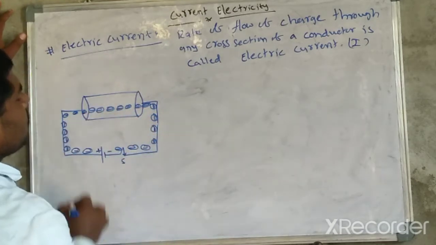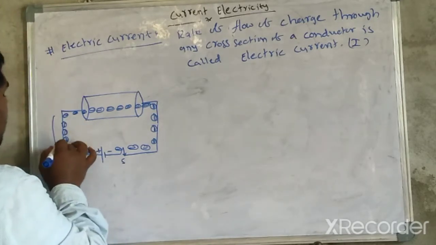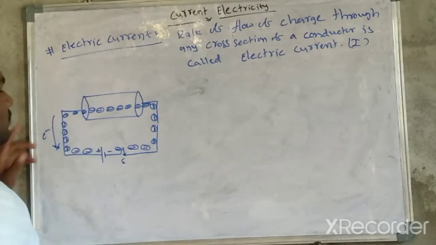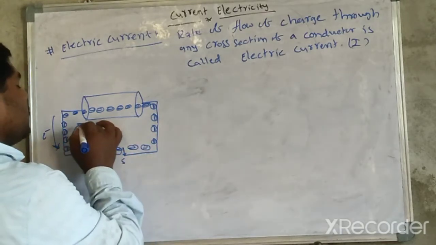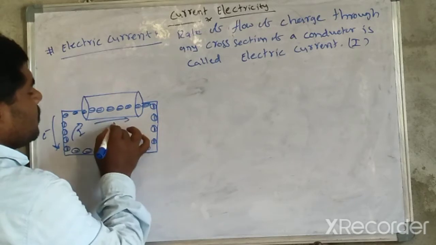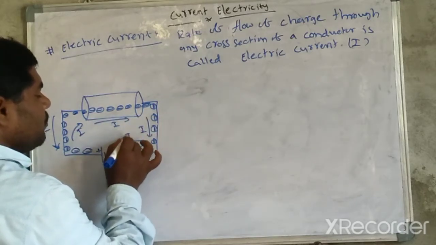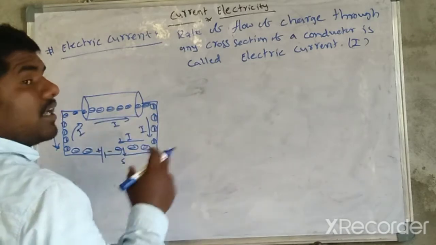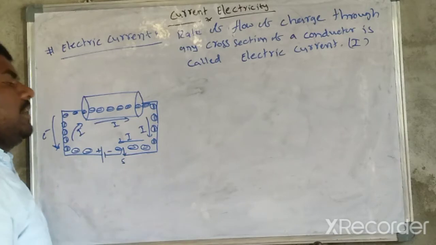The direction in which the electrons move is opposite to the direction of the current. It means the current moves in the positive or clockwise direction, while the charge moves anti-clockwise.